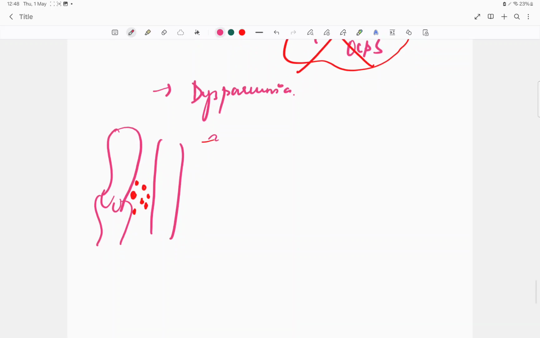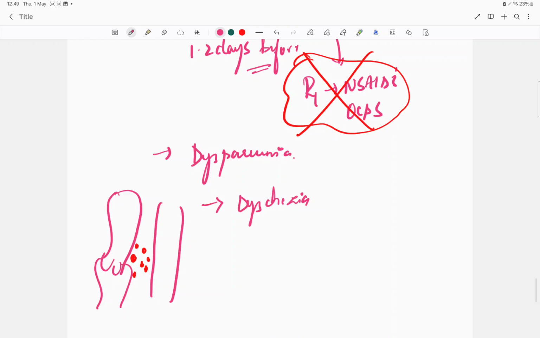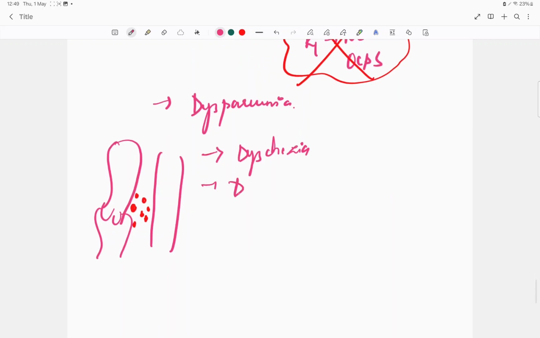After dyspareunia, the other thing that you can see is dyschezia. I told you last time, it is painful defecation because of the inflammation in the case of deep lesions. So this dyspareunia and dyschezia, you can indirectly tell, you can most commonly see in the case of deep endometrial lesions, and of course even dysuria as well.